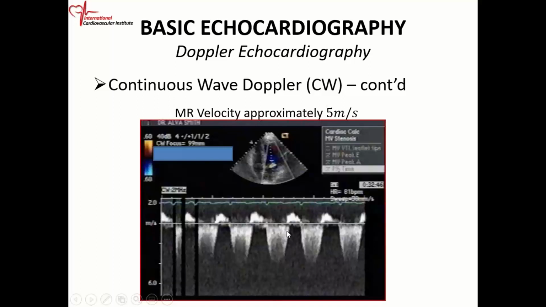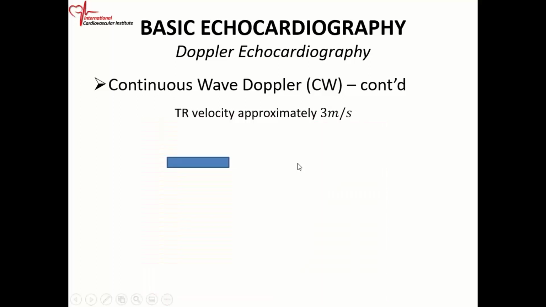So it's a systolic flow below the baseline. If you measure the velocity, this is almost 5 meters per second. Usually, mitral regurg velocities are fairly high, of the order of 5 meters per second. So you can't use pulse wave Doppler to measure mitral regurgitation. You have to use continuous wave Doppler.